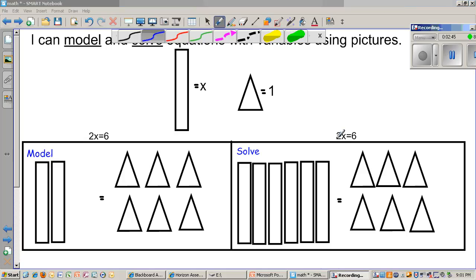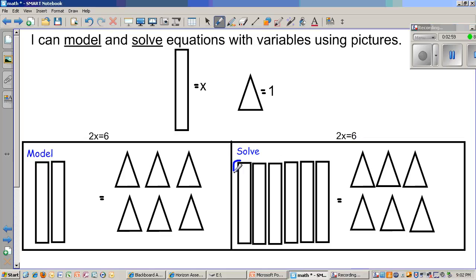Well, ask yourself, 2 times what, or 2 times x equals 6. 2 times what equals 6? And if you said 3, you're right. And this is why. We have one group of 2 here.